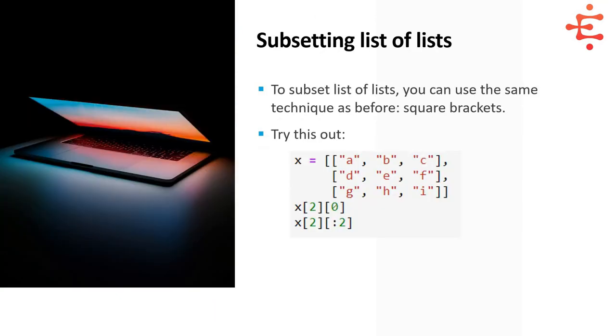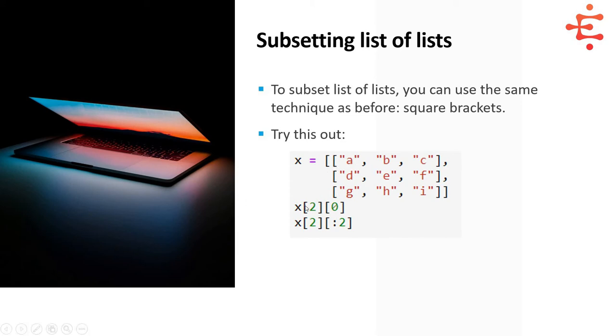So moving to the next topic, subsetting list of lists. Now see, we already know the list of lists thing, how we have created a list within a list. So if we want to access a particular element, how are we going to access it?